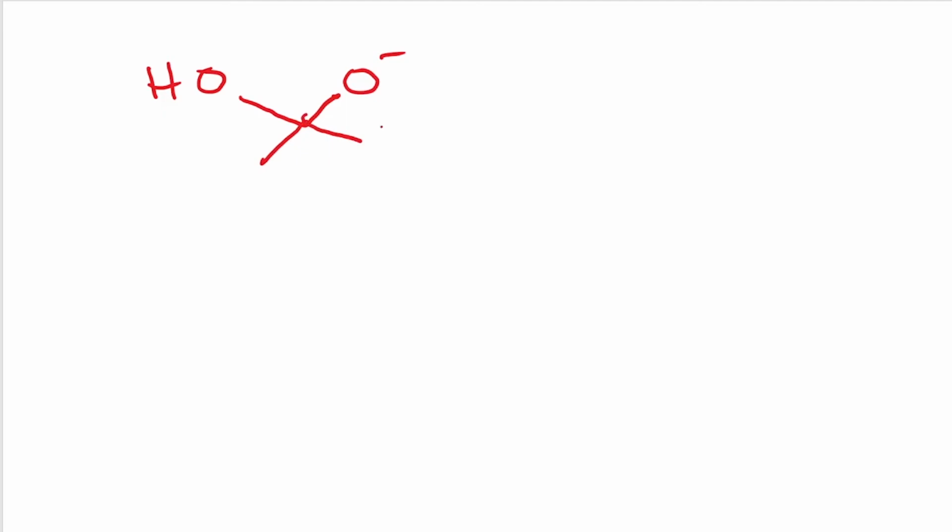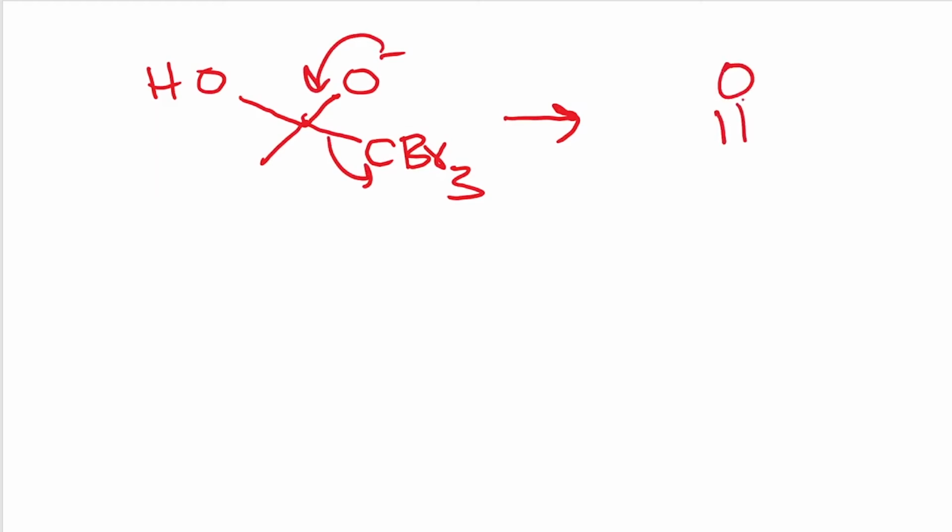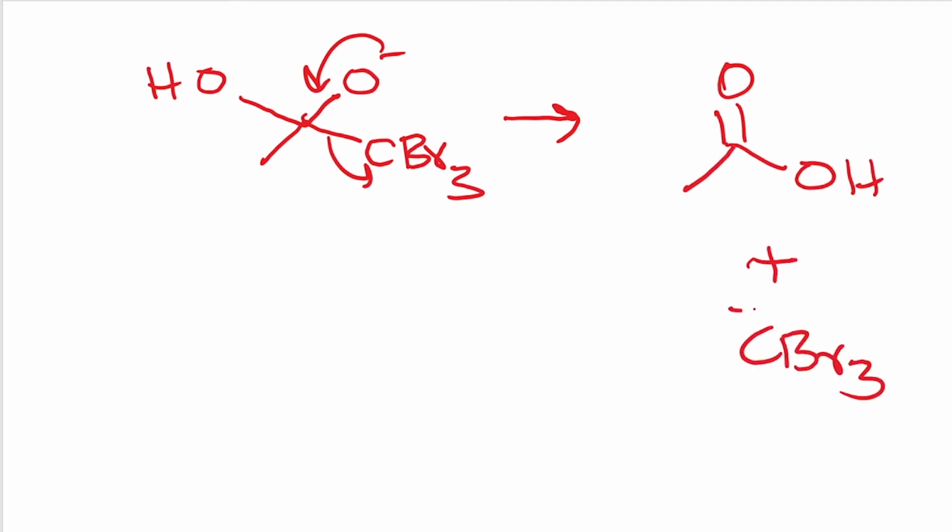And so the product that you end up getting after the collapse of this tetrahedral intermediate, interestingly, is actually a carboxylic acid. Okay. So you get CBr3 minus, and once it collapses, you get C double bond O, OH, CH3 and CBr3 minus.